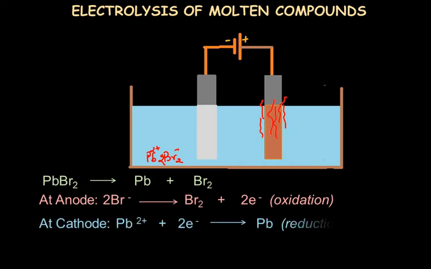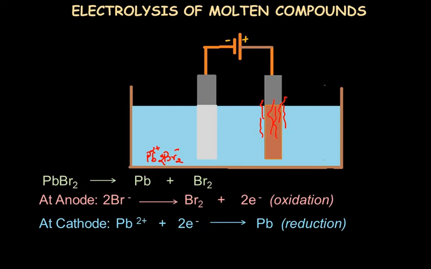So at the cathode, the lead ions accept electrons from the power supply and undergo reduction to form lead metal, and this is how the electrolysis occurs, where the ionic compound lead bromide is decomposed into its elements lead and bromine, lead being formed at the cathode and bromine at the anode.